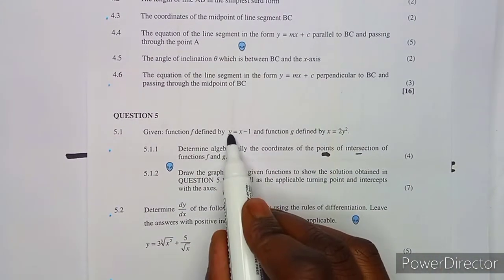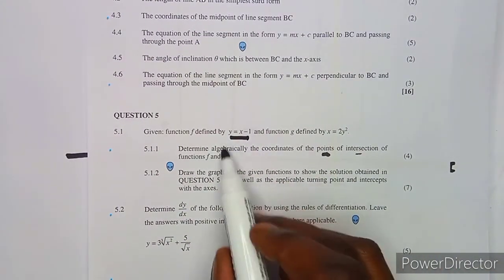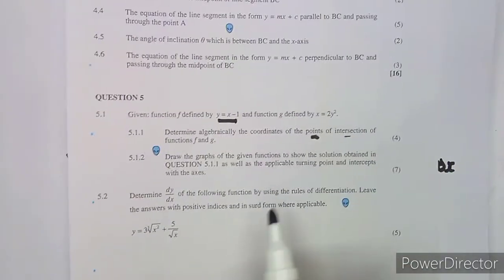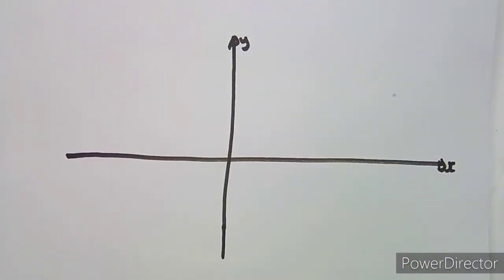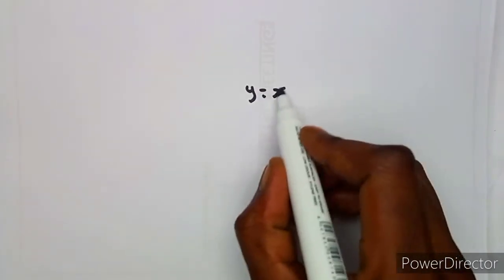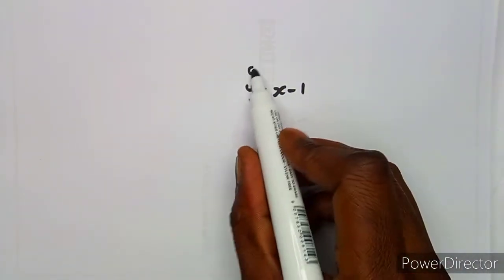All right, so let's start with y is equal to x minus 1. This is a straight line where you can just draw directly, because we know that on the x-axis y is equal to 0. So you can just ask yourself, when y is equal to 0 there, what is the value of x?